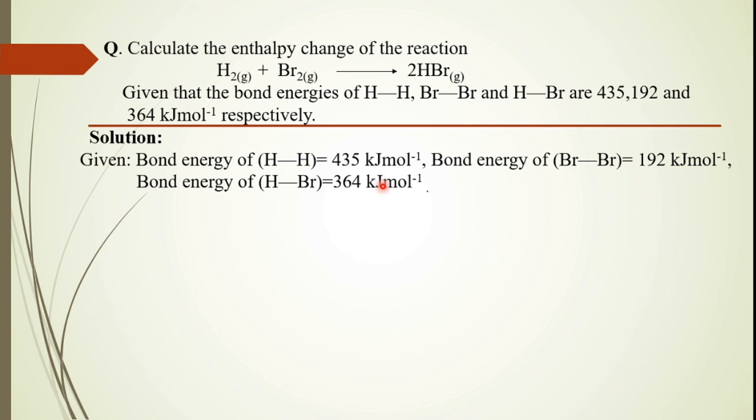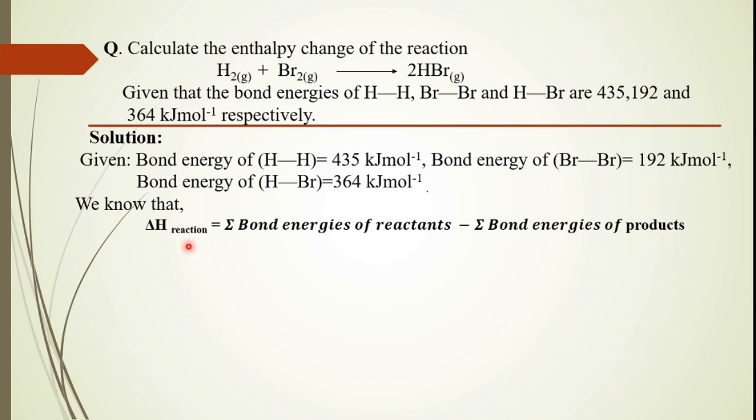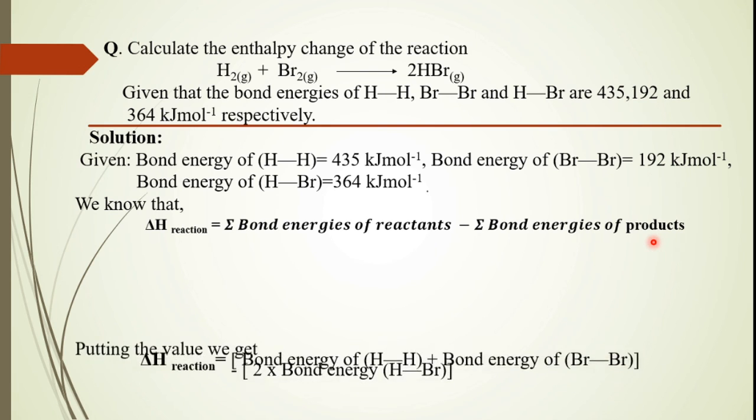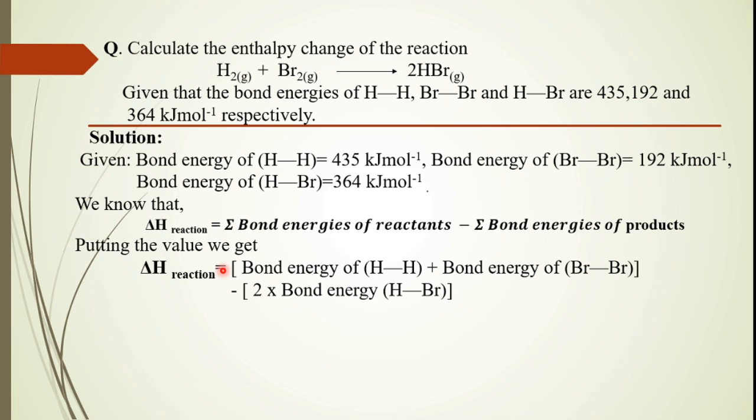So now we know the formula that delta H for the reaction is given by the summation of bond energies of the reactants minus the bond energies of the products. Is it okay?